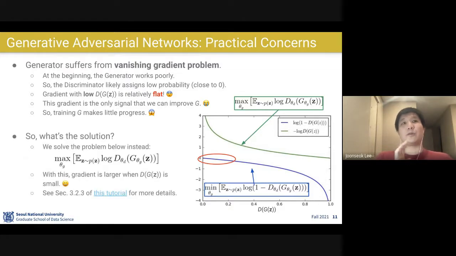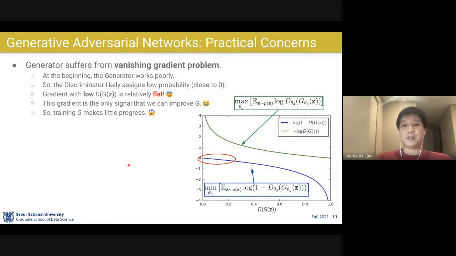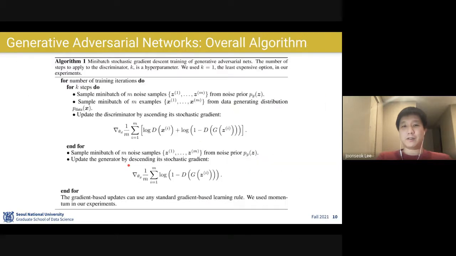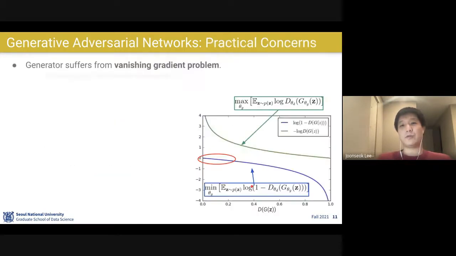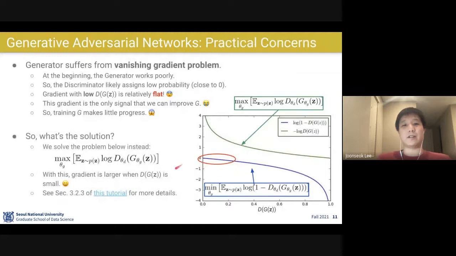So what's the solution? They have devised quite a smart idea. Instead of minimizing this, they wanted to minimize this part, which means they want to maximize only this part, right? D(G(z)), if this part is maximized, then the entire formula will be minimized. So why don't we just do that? The idea is like that.